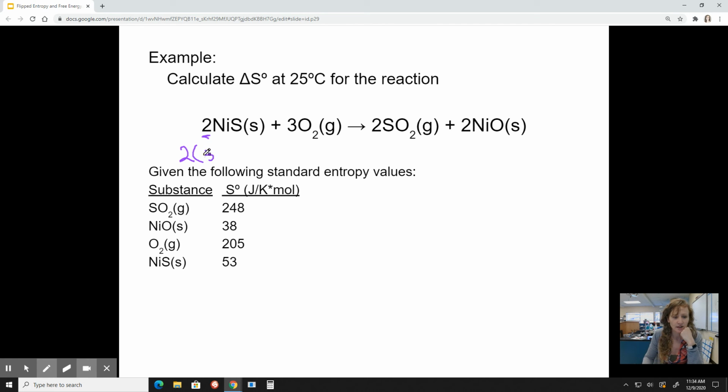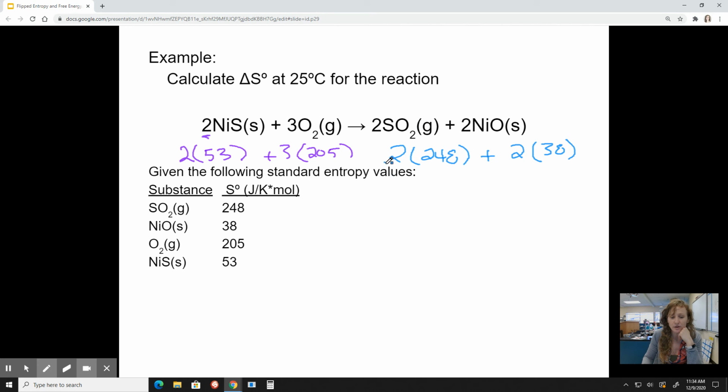So NiS is 53, oxygen 205, and then we have the products on this side, SO2 248, NiO, did I use that before? No, I didn't. Okay, we're good.